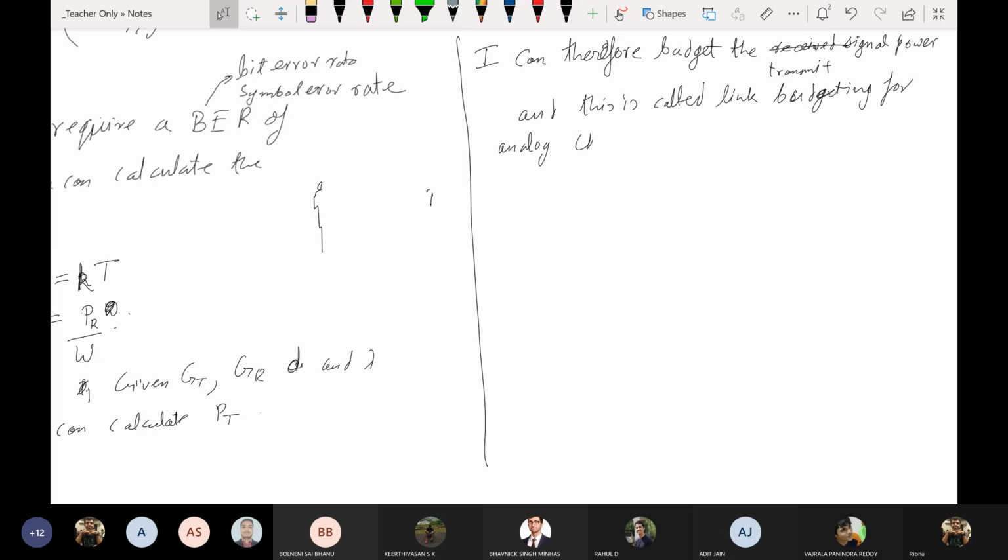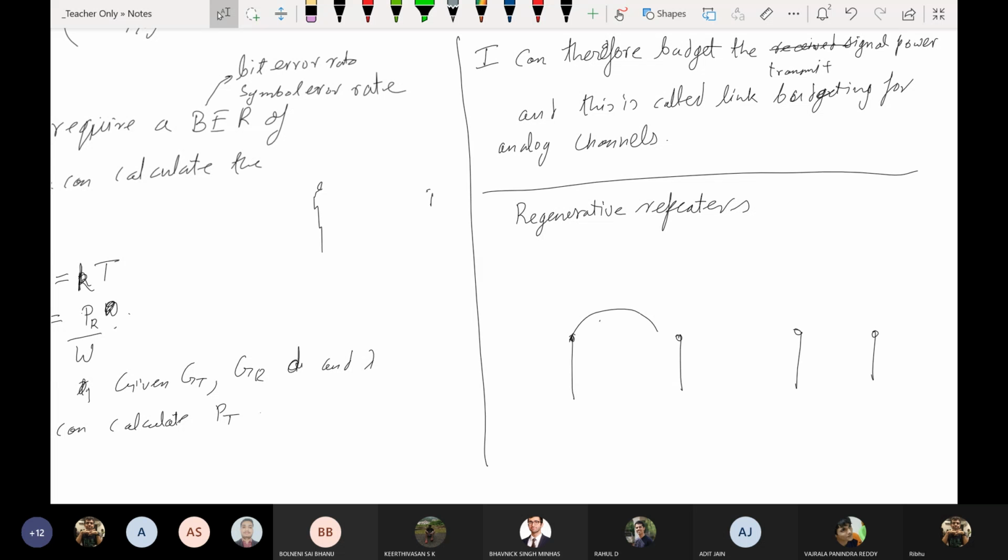Another way of looking at this is regenerative repeaters. I transmit this signal. There's a repeater here. There's another repeater here. There's another repeater here. So I transmit this. It gets decoded. It gets decoded again. It gets decoded again. This is a regenerative repeater.